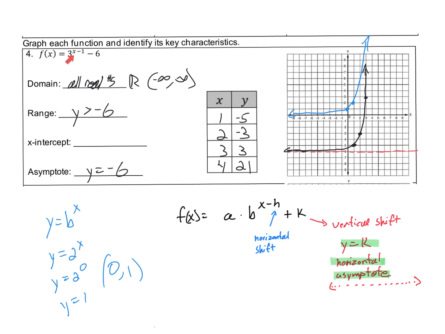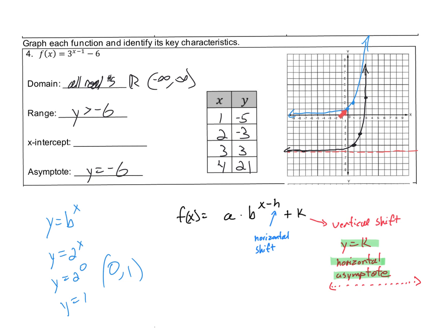The x minus 1, 3 to the x minus 1, is going to shift to the right 1 unit, and the minus 6 is going to shift it down 6 units. So when you graph it, you'll see this point on your table, 1, negative 5. Well, 1, negative 5 is a transformation.